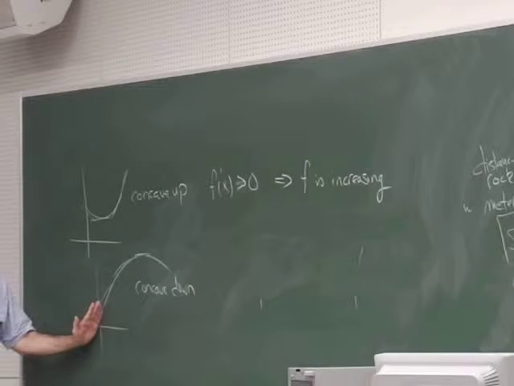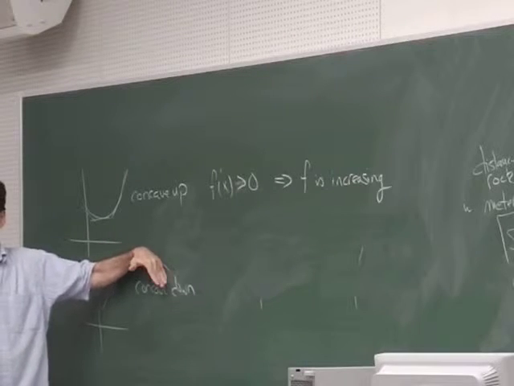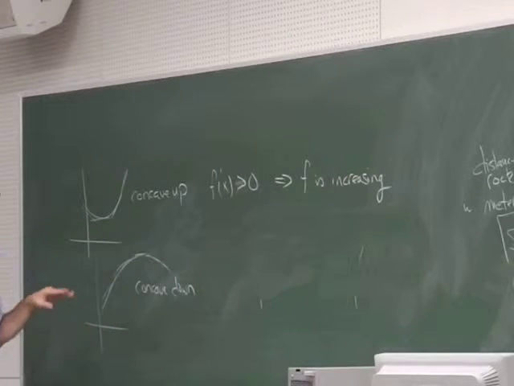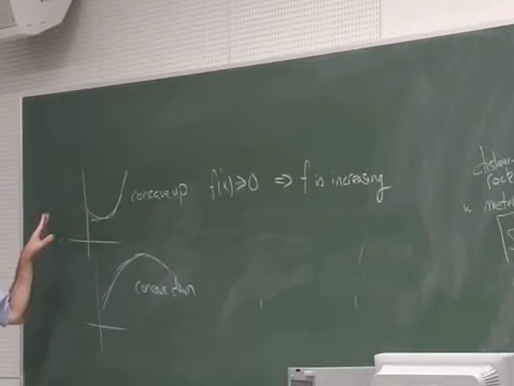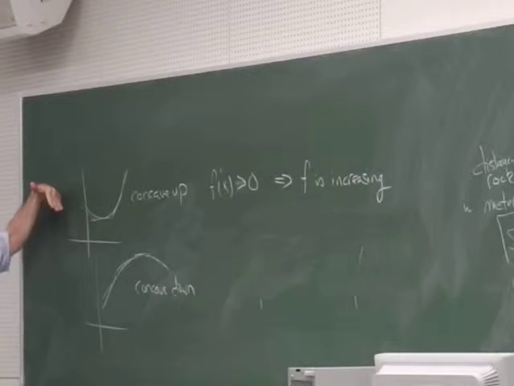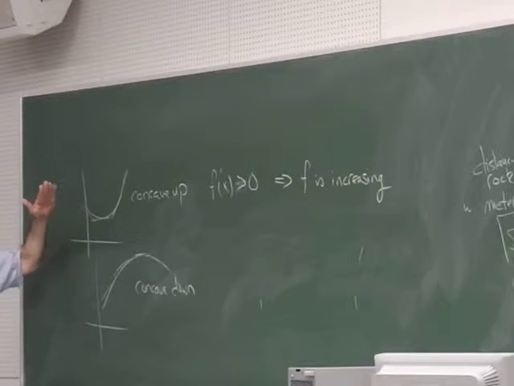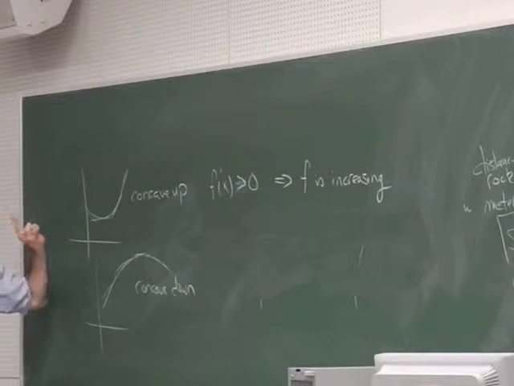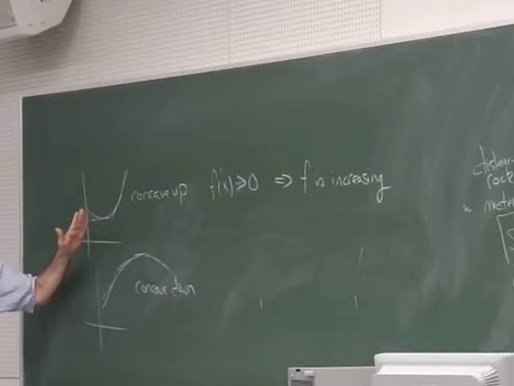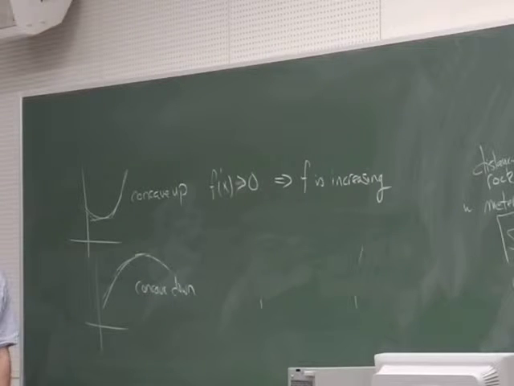The slope is positive, less positive, 0, negative, more negative, more negative. So in which case is the slope increasing as we move from the left to the right? Here, the slope is increasing as we move from the left to the right, right? It's negative, going flat, and positive. That's called increasing. So the key word is the slope, not the function, right? When the slope is increasing, it's concave up. When the slope is decreasing, it's concave down.